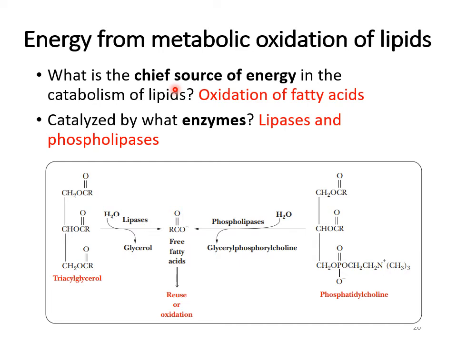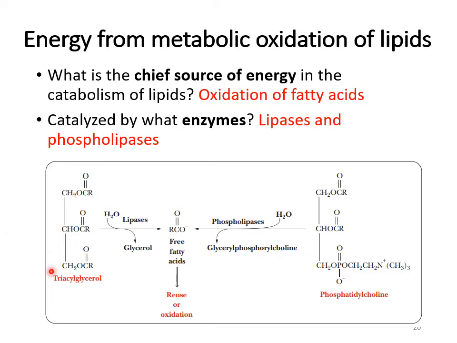Now, the way that this is going to be done is through enzymes called lipases and phospholipases. And it makes sense again because when you hear those enzyme terms, they are basically named for what they are doing. And the reason why you see both lipases and phospholipases in this figure is because when we are looking at the oxidation of energy, we mentioned earlier the big chemical energy storages that you can have in terms of lipids.